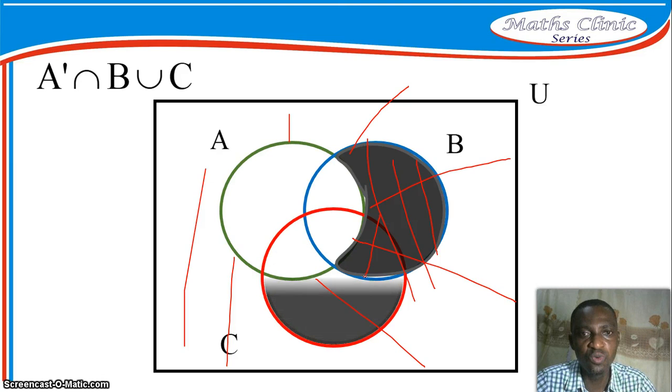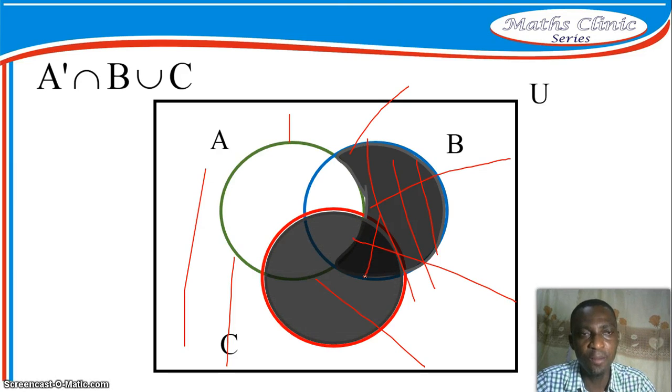Then union C will be all that. And that represents A complement intersection B union C.